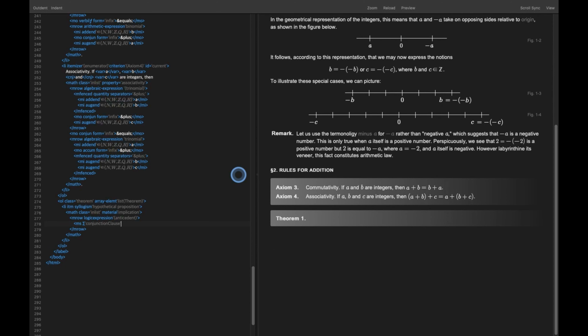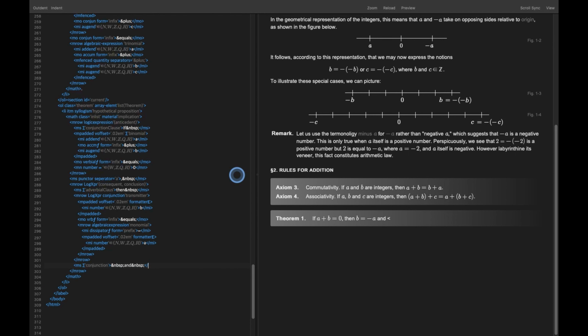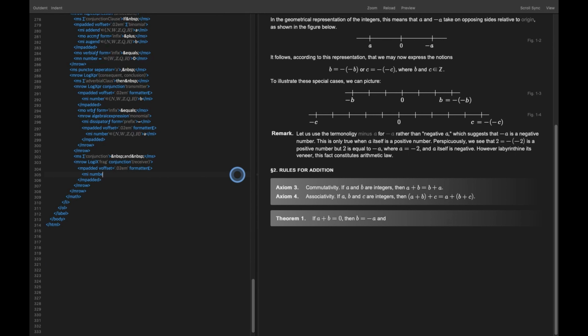Theorem 1. If a plus b equals 0, then b equals minus a and a equals minus b. Or in simpler terms, we might say that if a is the additive inverse of b and b is the additive inverse of a, then a plus b equals 0.